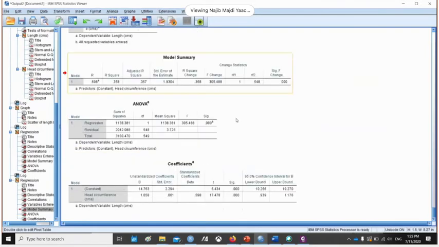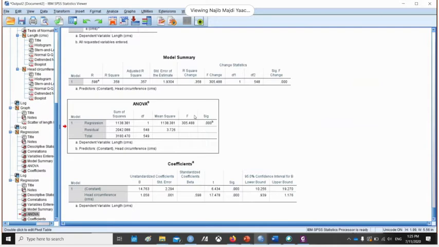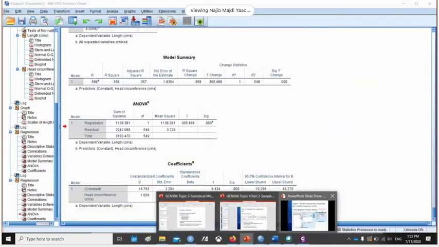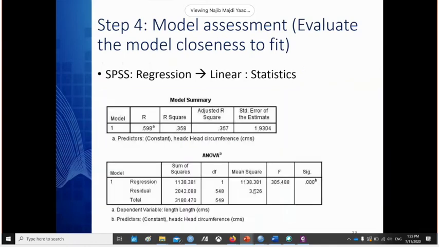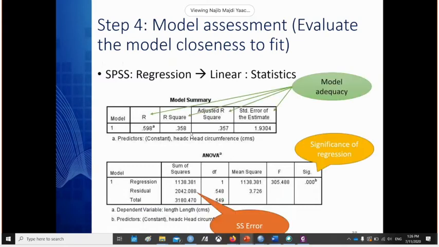This table and this table both measure model adequacy: the model summary and also the ANOVA table. Make sure you can obtain these two tables, model summary and ANOVA. Okay, model summary.